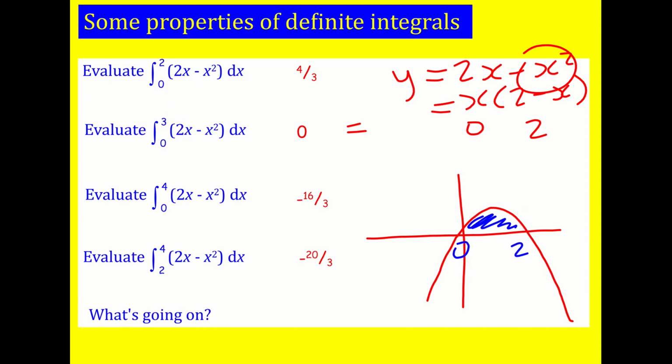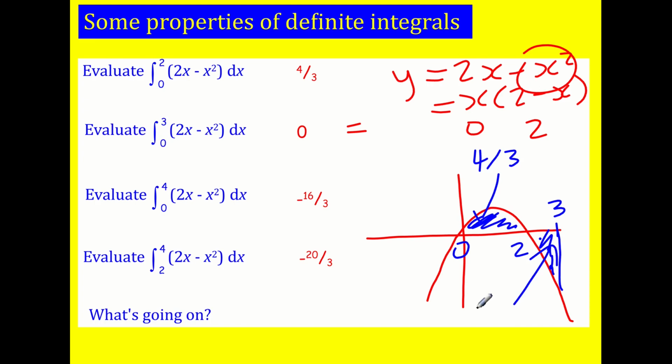When I integrated between 0 and 3, this is the area that I would have found, but I'm not finding an area. What I'm finding is this positive 4 over 3, and then this part is actually a negative. I don't want to say it's a negative area, but it's a negative value that I get out of it.